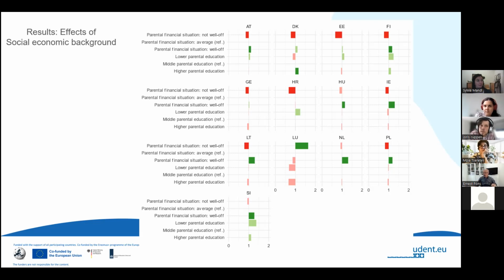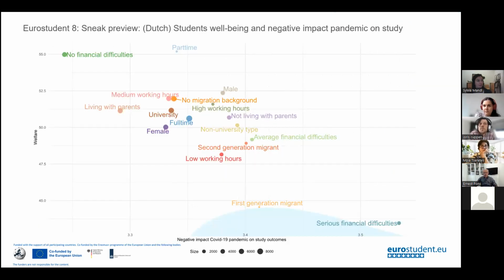And on the next slide, this is a different study. This is based on the EUROSTUDENT 8 data. Currently I only have access to the Dutch data, so we're missing at least 16 other countries. But this is another example.